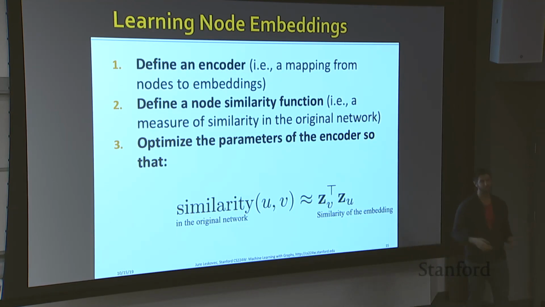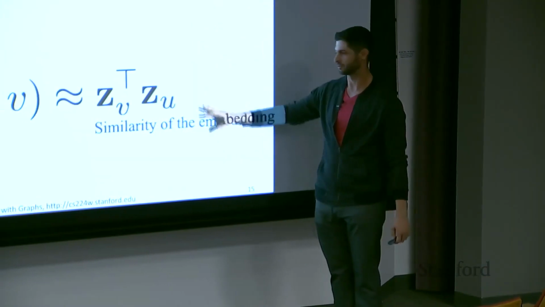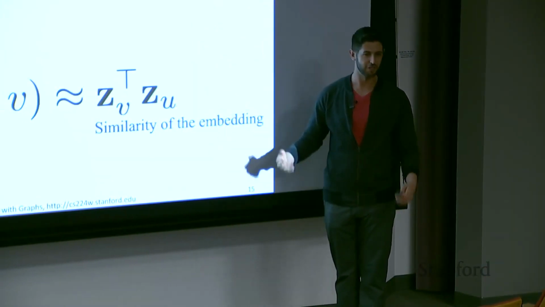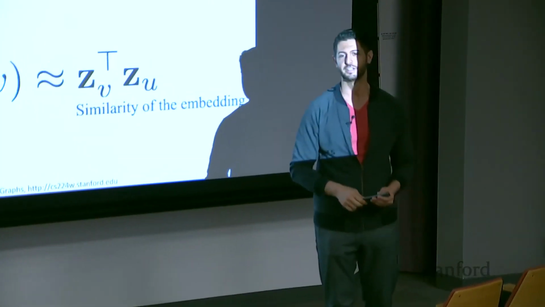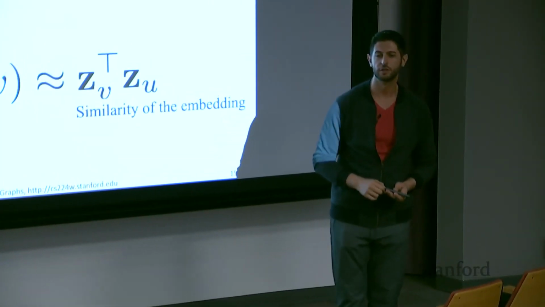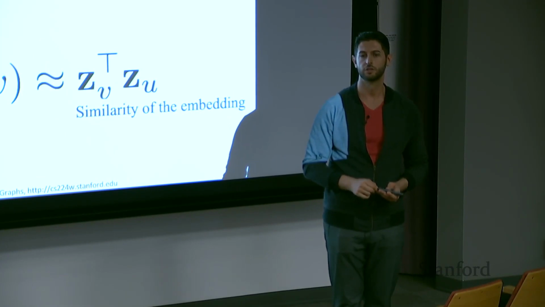Depending on your problem, you can come up with different similarity representations. But in the literature, this is the kind of similarity that is most used, so I would recommend you start from there. Thanks.